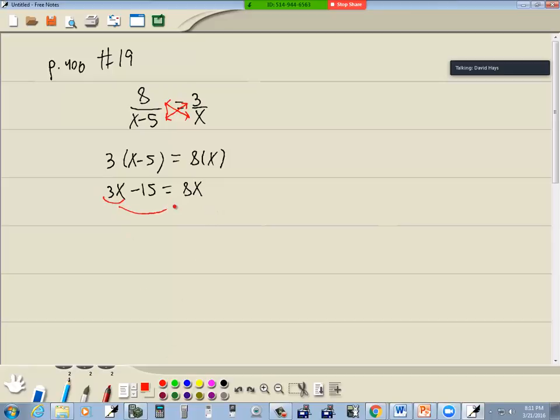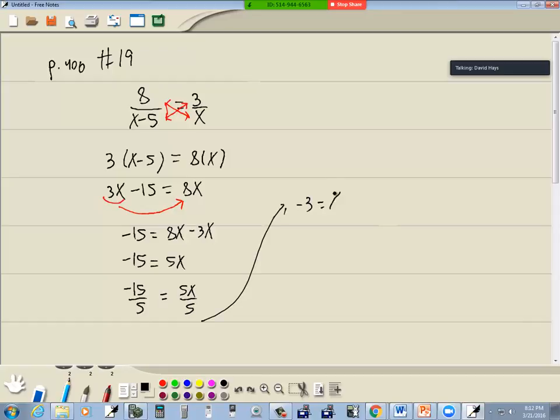I'm going to take this 3x, move it to the right side, and it becomes a negative 3x. 8x minus 3x gives us 5x, and then I'll divide both sides by 5. And we get x is equal to negative 3.